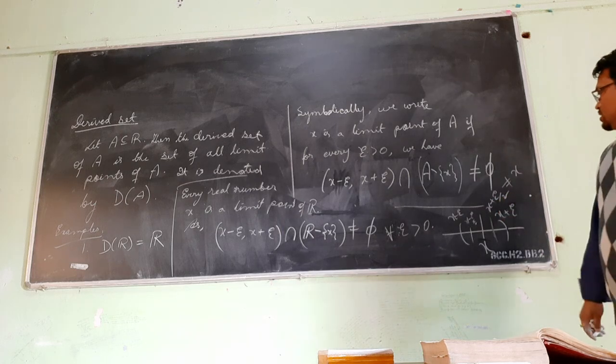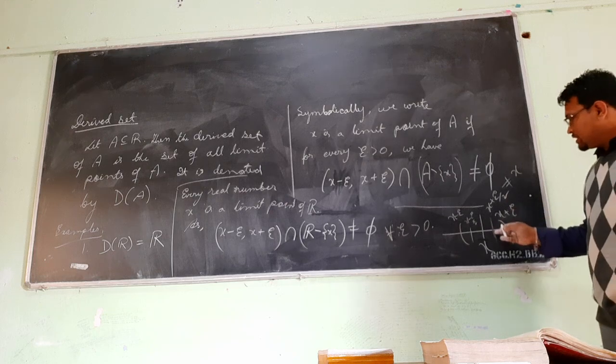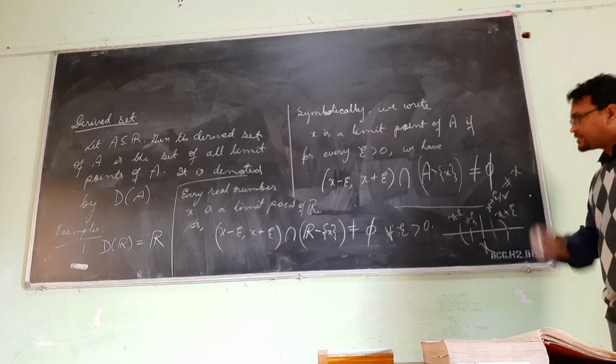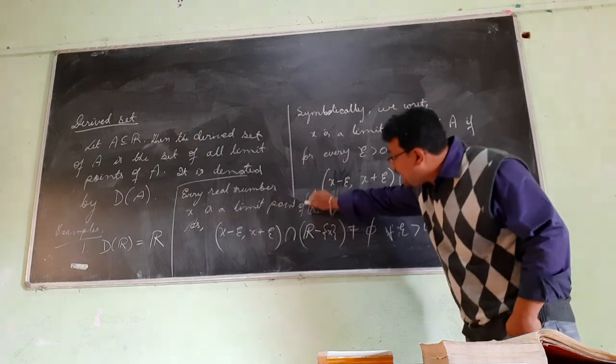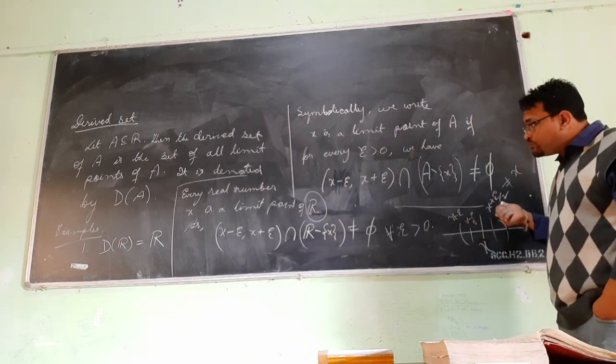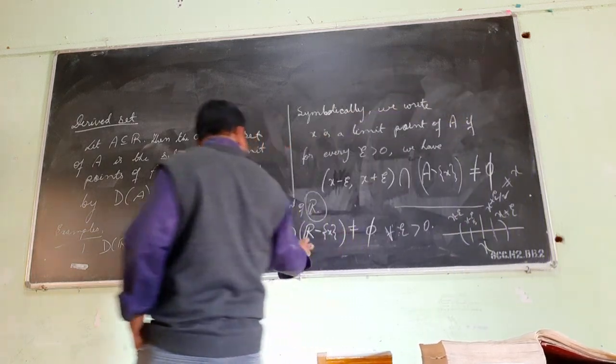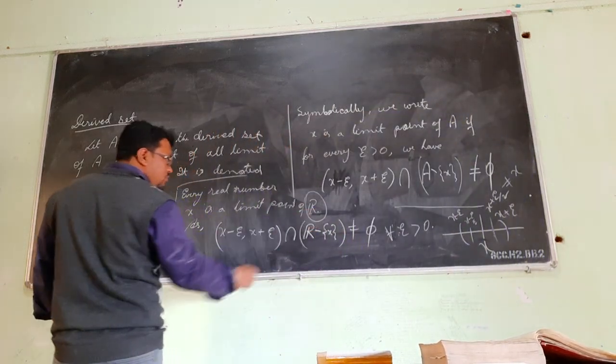If it were equal, then epsilon becomes 0. So this is a point which is different from x, and since the set is R, this point is a point inside R.